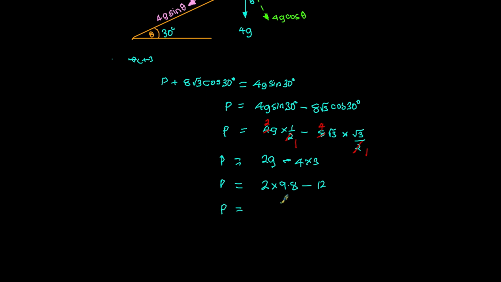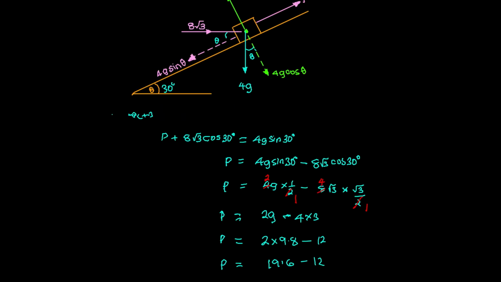This simplifies to 19.6 minus 12 gives us 7.6 Newton. That is the force which is responsible for balancing this body horizontally to the plane.